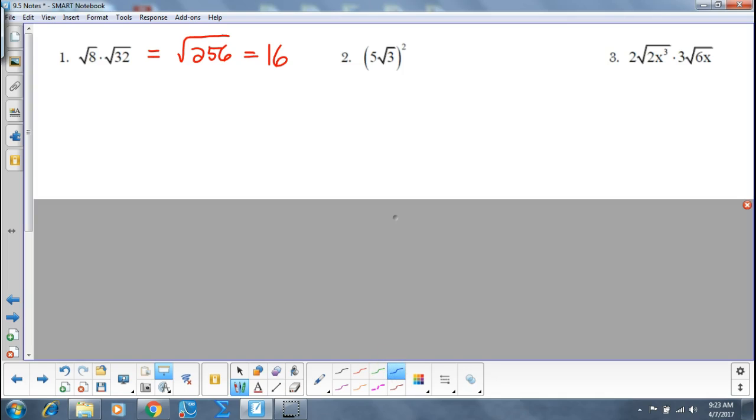We could do this as, well, what's the square root of 8? Can we break it down? Yeah, to the square root of 4 and the square root of 2. What's the square root of 32?